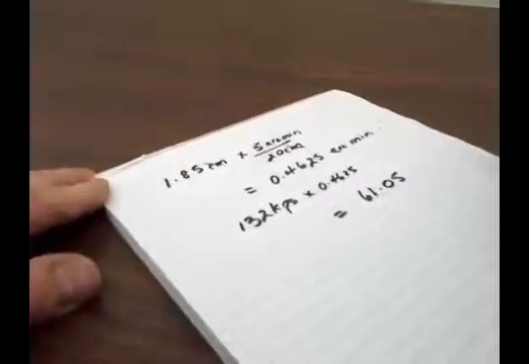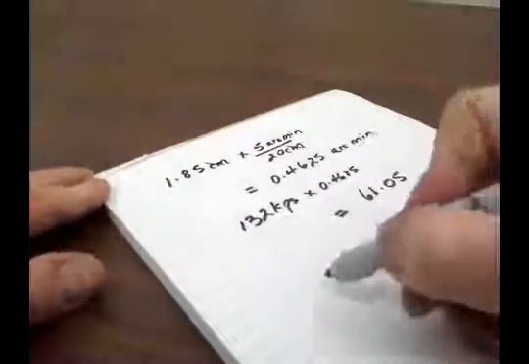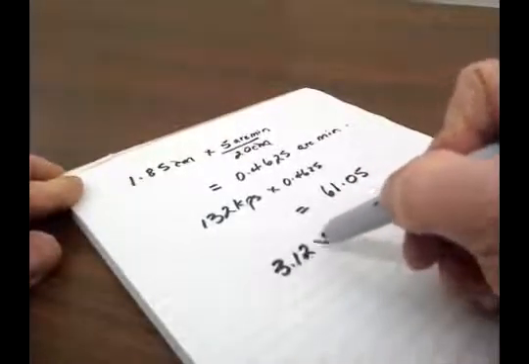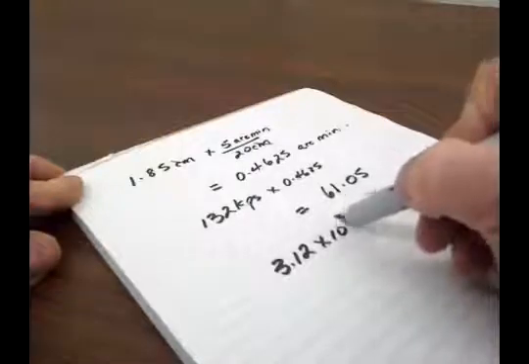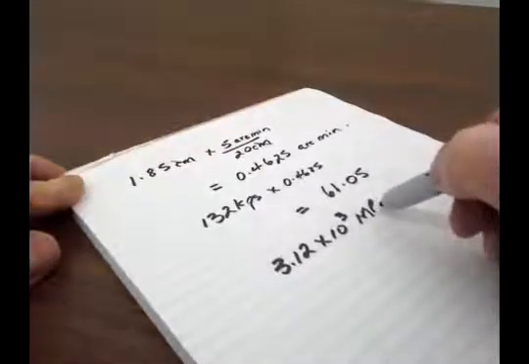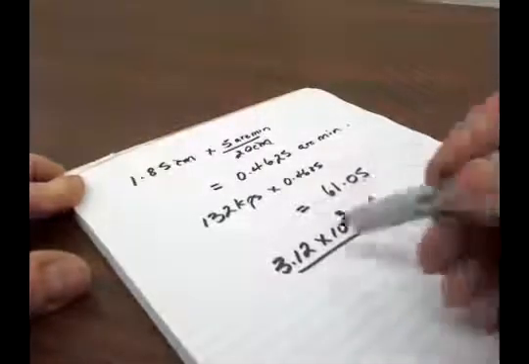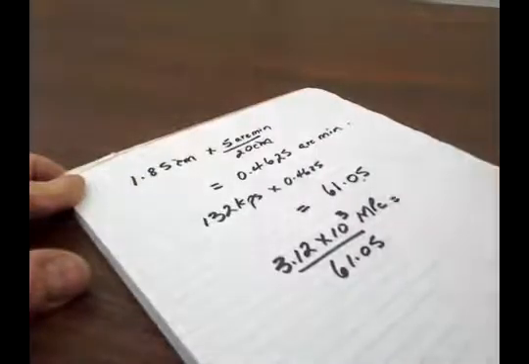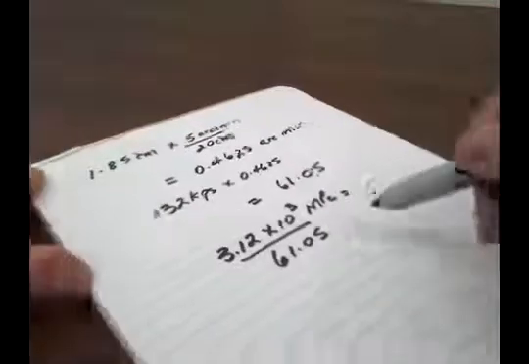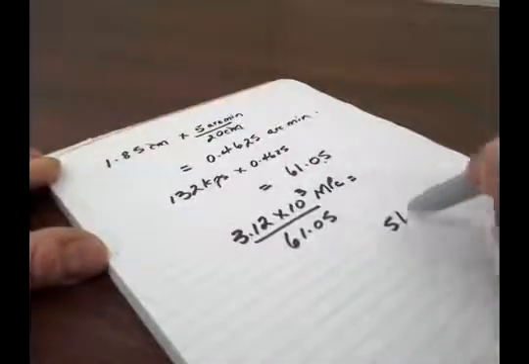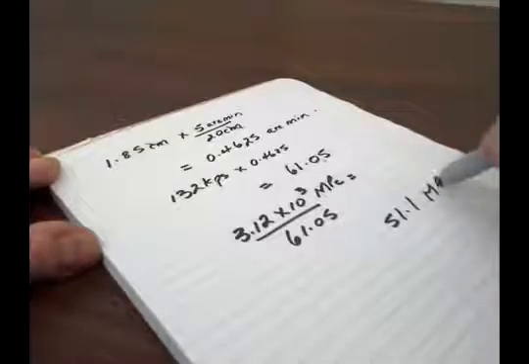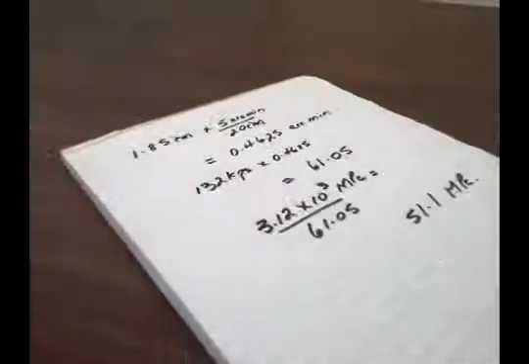We take the magic number 3.12 times 10 cubed, this is megaparsecs, divided by this number here, 61.05, to give us a value of 51.1 megaparsecs. So we have 51.1 megaparsecs that we have measured.